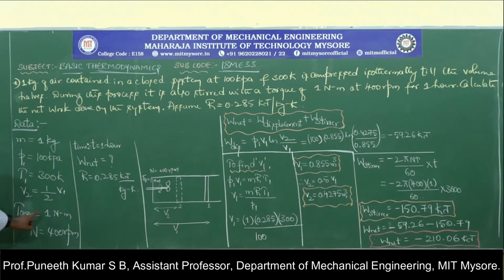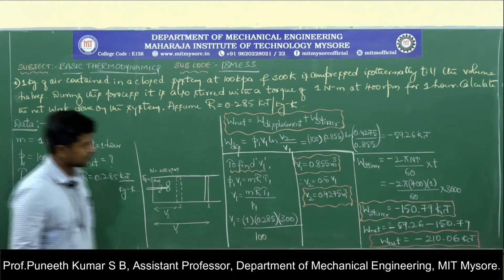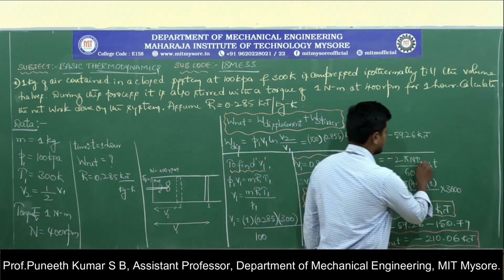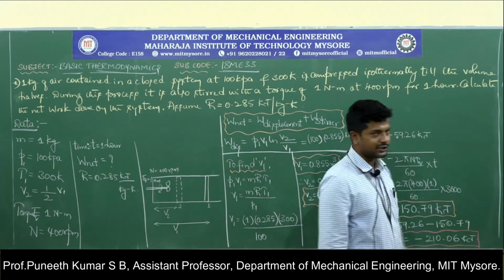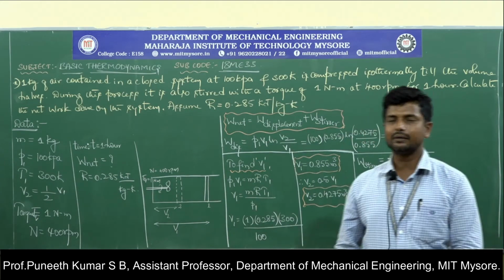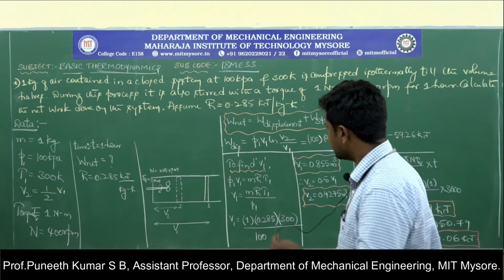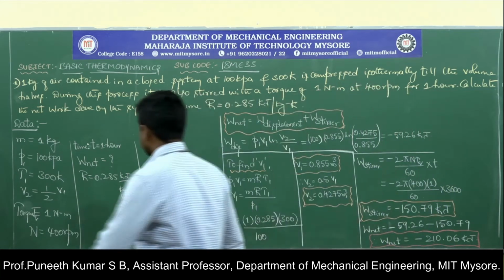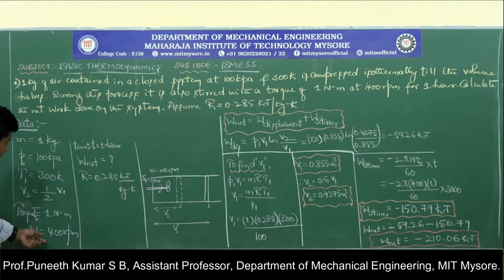Then torque, I will express the torque as T suffix Q, so that I can easily differentiate the notations between the temperature and torque. Then the speed, which is represented by N, is 400 rpm.